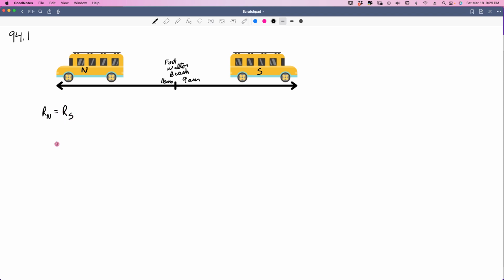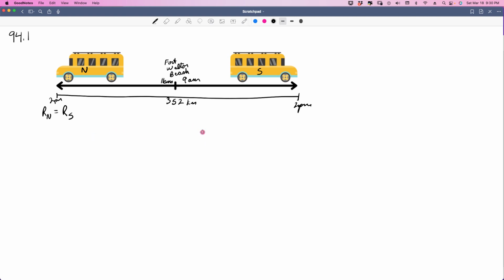If they were a total of 352 kilometers apart at 2 p.m., this is 2 p.m. for this guy and 2 p.m. for this guy, so that gives us their times.